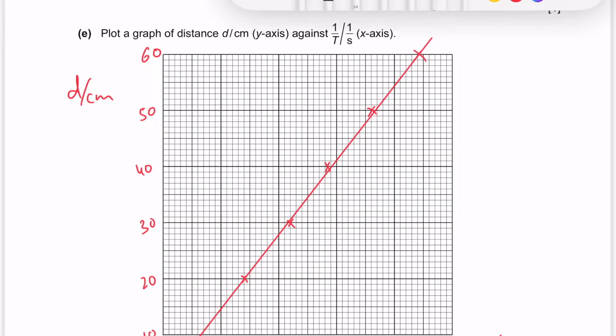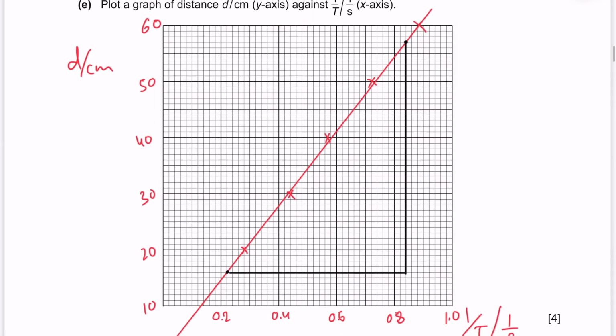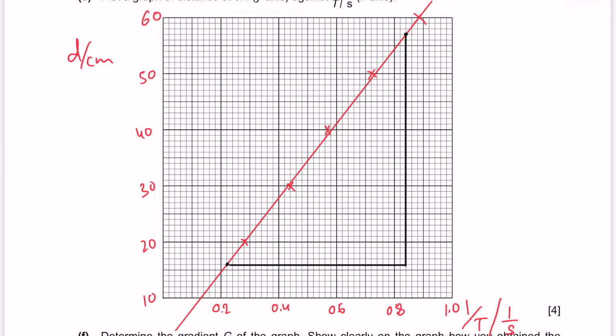So I'll definitely take, let me use a black point, this as one point, and maybe I'll take this as the other. So you have to show a triangle like this. A triangle does carry a mark, and if you want to label these points, you may.